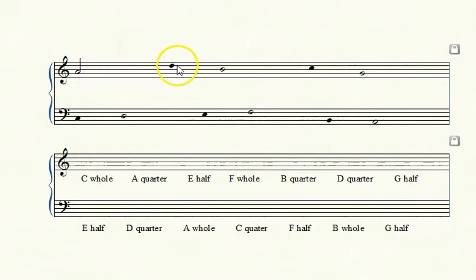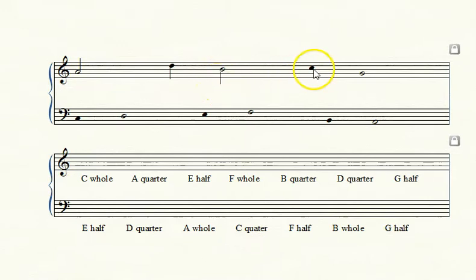Next, we see a note on the fourth line. If a note is above the third line, the stem will face down on the left. Next, we have a note on the third line. If a note is on or above the third line, the stem will face down on the left.